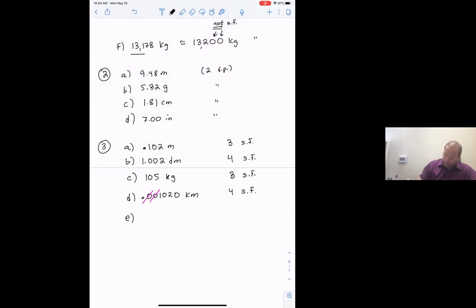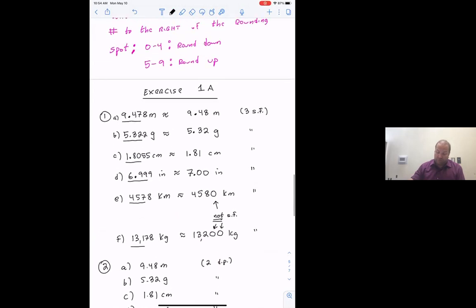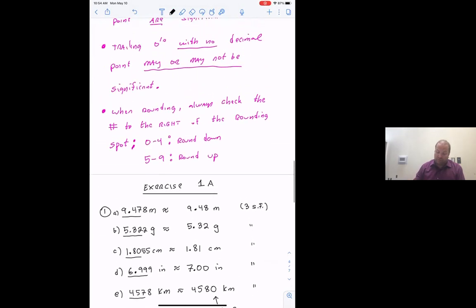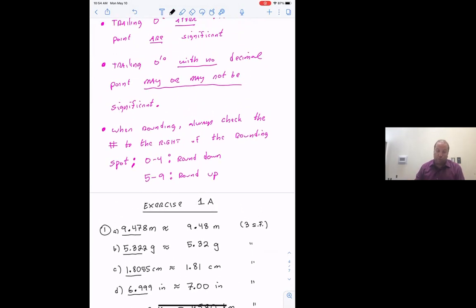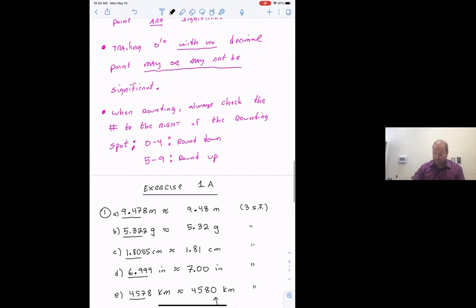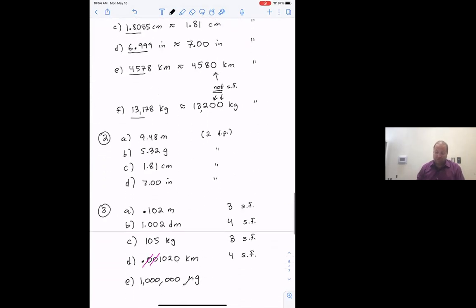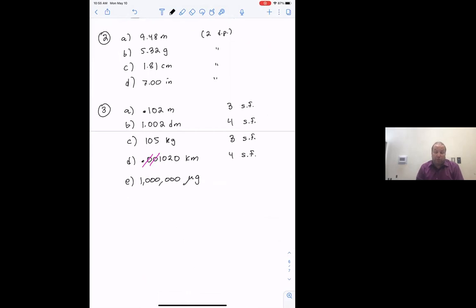And finally, E, 1 million micrograms. And this is the hardest one, because if you'll notice, if we go back up here, trailing zeros with no decimal points may or may not be significant. And the answer for this one is that we just don't know, because we don't know how the 1 million was measured.